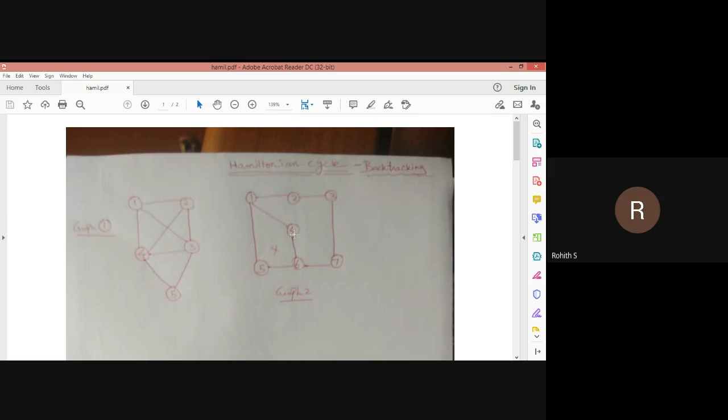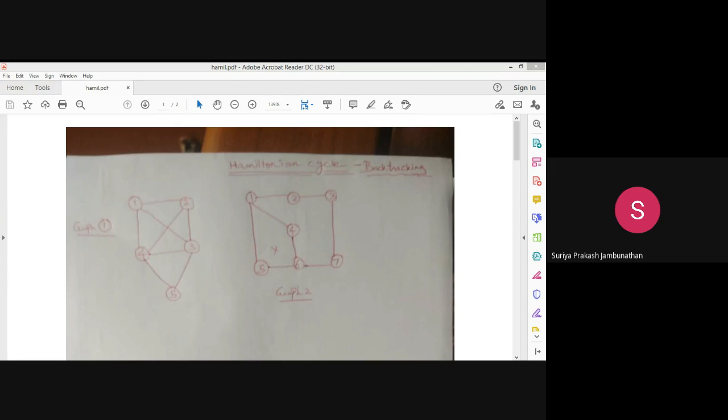If you are trying with another possibility, we can make 1 to 2, 2 to 3, 3 to 7, 7 to 6, 6 to 4, 4 to 1. So this is the other possibility. In this possibility, the node 5 is missing.